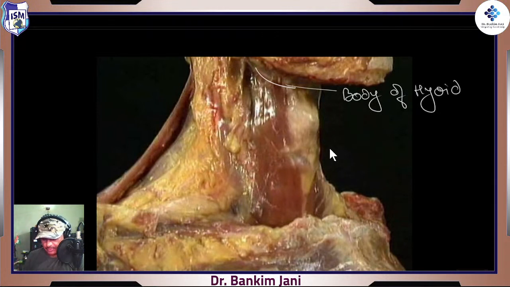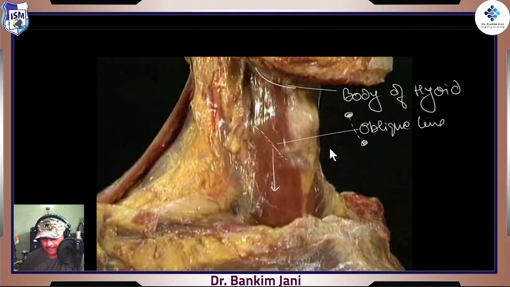Then for thyroid, in case of thyroid cartilage, you remember the oblique line? There was an oblique line between the superior tubercle and the inferior tubercle. It is this oblique line where it is connected, and from the oblique line the sternothyroid starts.